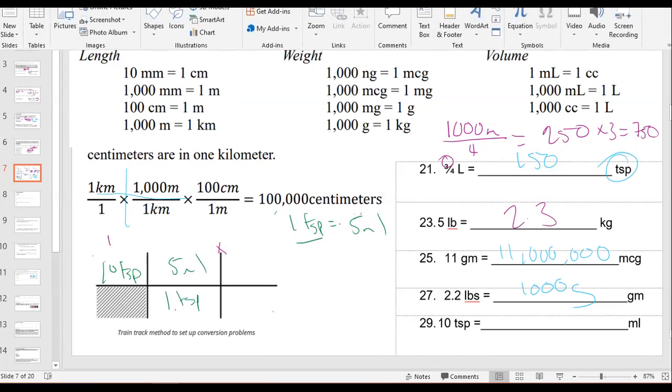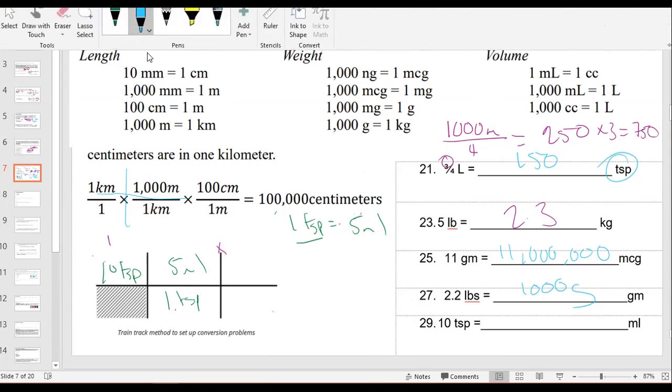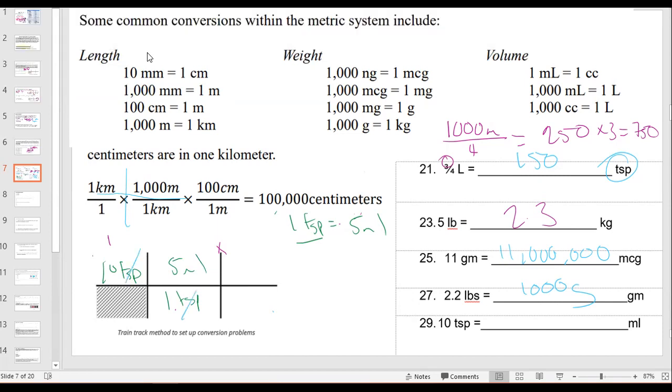Yes. Okay, and then do I have any other steps to do? No, right? So that's the only one. Cancel my teaspoons. 10 times 5. Okay, so we have 50 mLs.